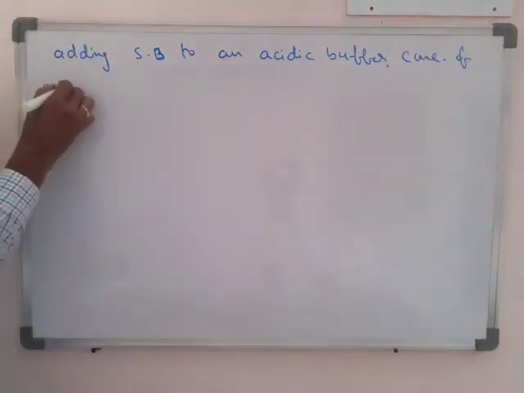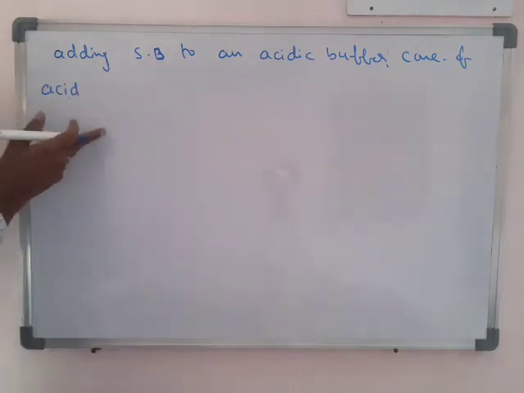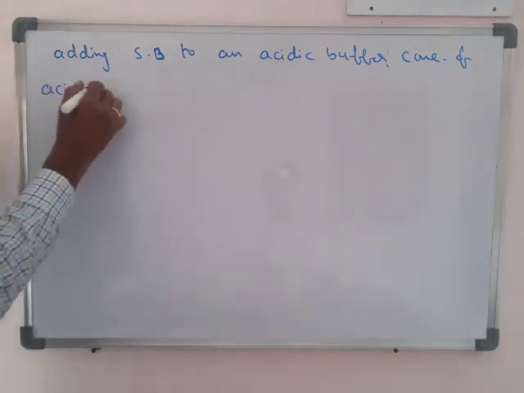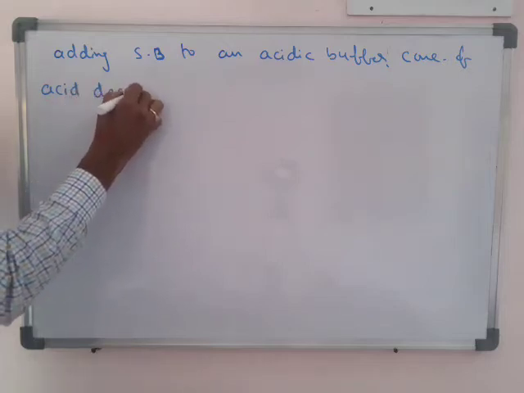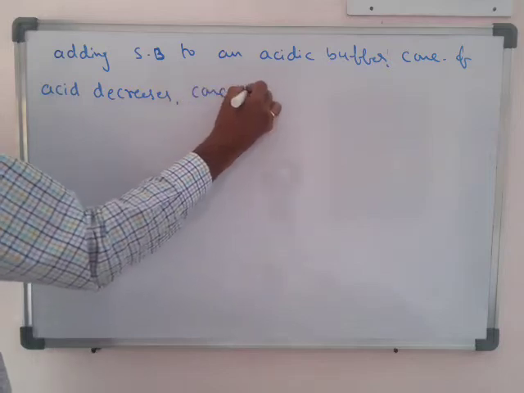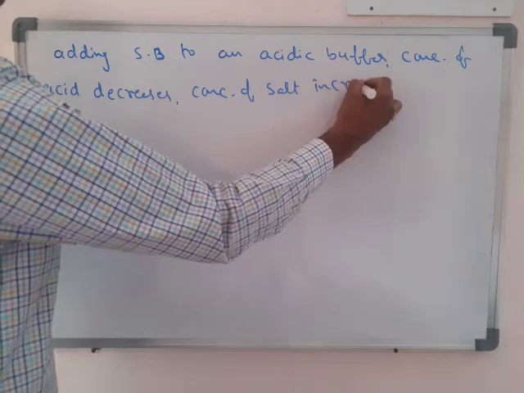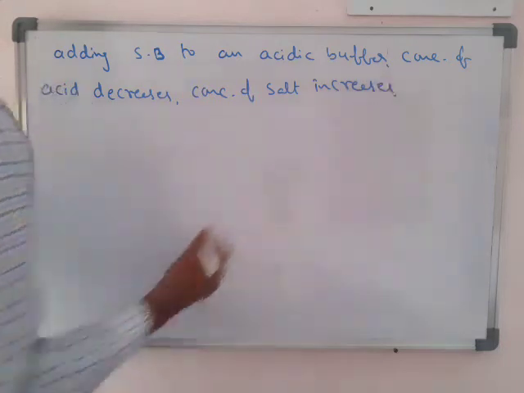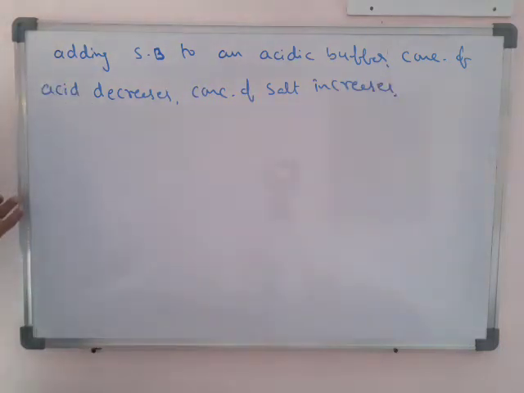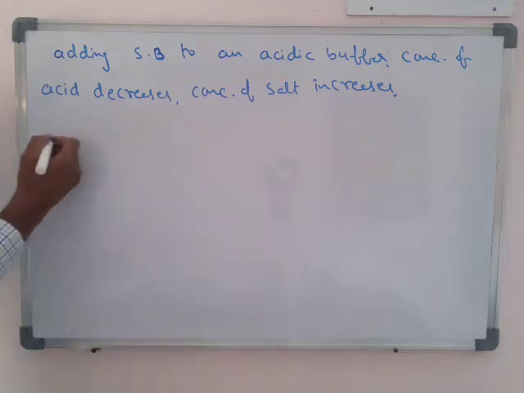Because of the strong base addition, automatically some of the acid will be neutralized. The concentration of acid decreases and the concentration of salt increases. Then what will be the final pH? The final pH also increases. So we calculate the final pH.